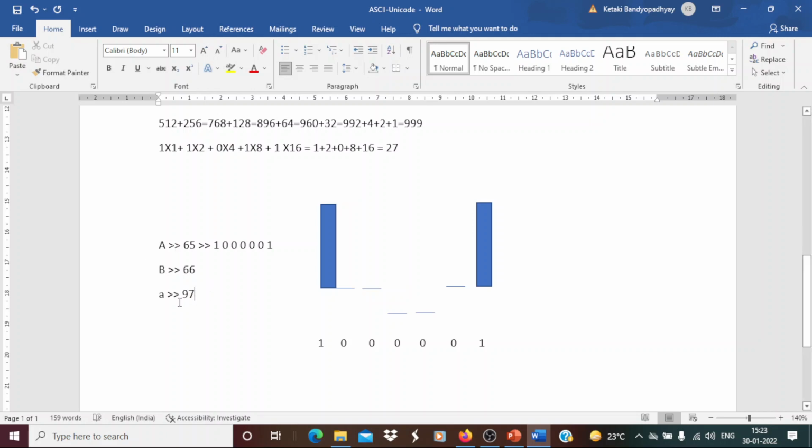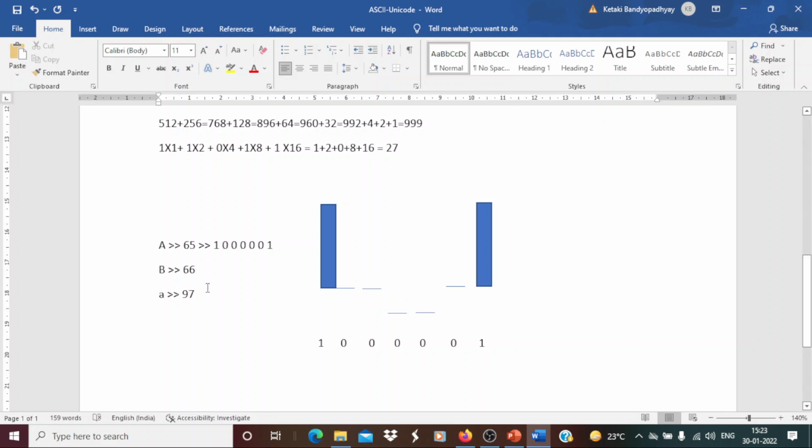Similarly, small b has 98 and so on. So every character on your computer keyboard, including enter, control, space bar, right control, left control, shift, star, parenthesis, everything is attached with a corresponding ASCII value.